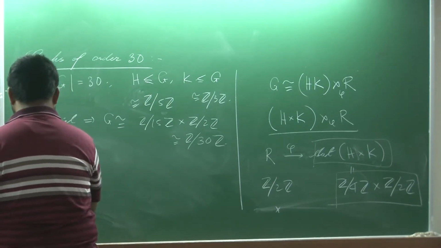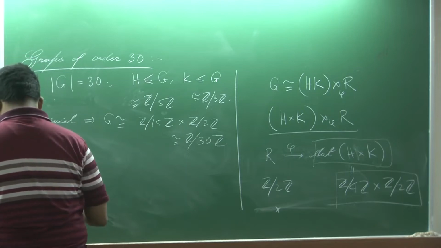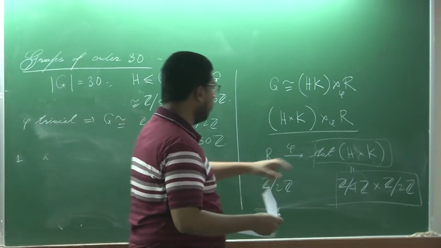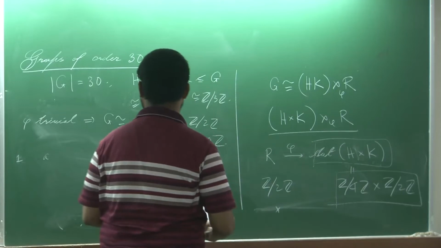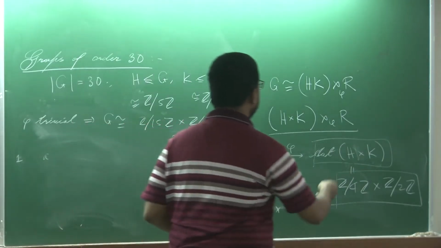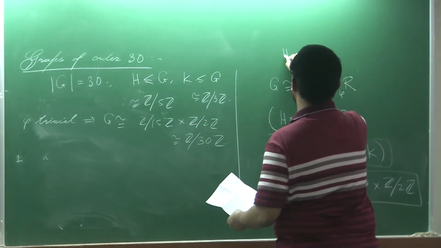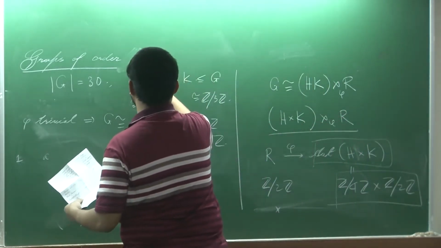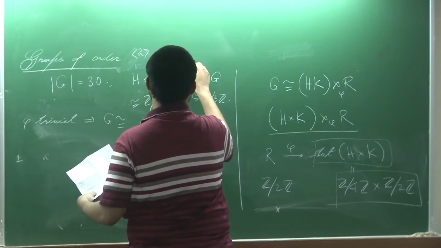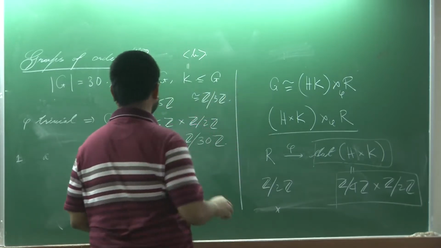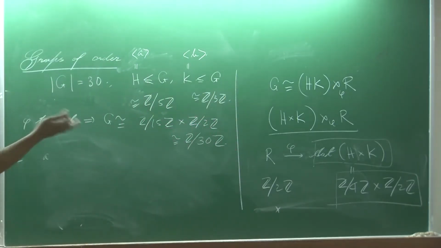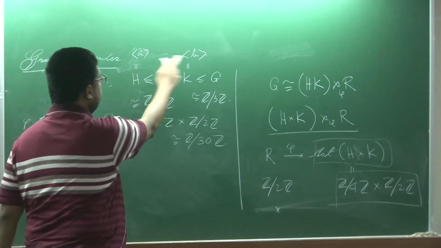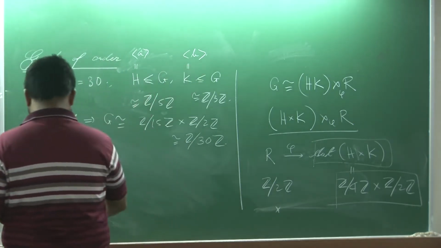What are these automorphisms? In order to talk about an automorphism of H and K, we can assume that H is generated by some A, and K is generated by some B. In order to talk about an automorphism of H cross K, it's enough to specify where A and B are going.